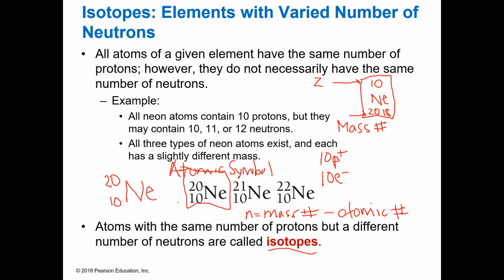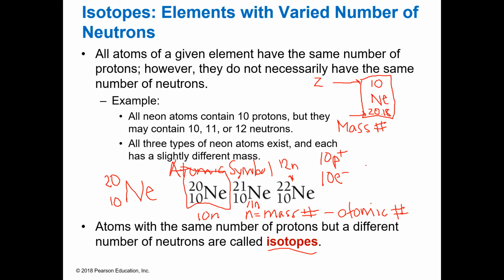For this neon with a mass number of 20, it would have 10 neutrons, so 20 minus 10. When neon has a mass number of 21, it's going to have 11 neutrons, 21 minus 10. And for neon 22, so mass number of 22, that's going to have 12 neutrons.